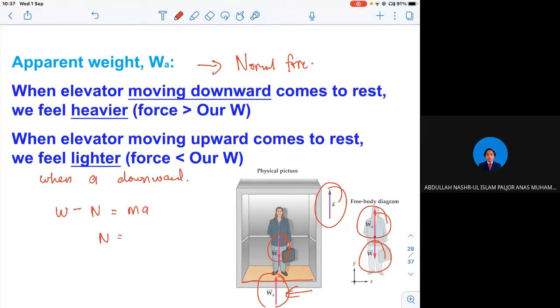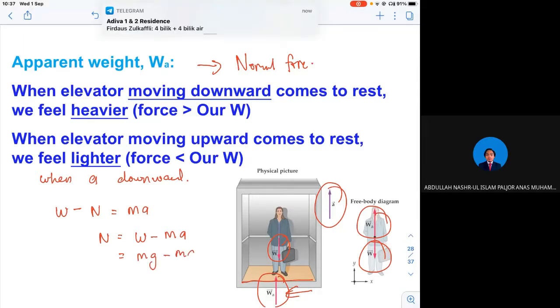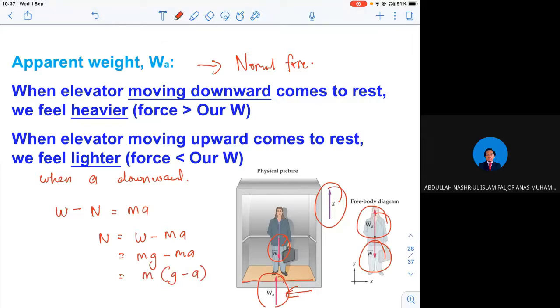N is equivalent to W minus MA. N equals mg minus MA. N equals m(G minus A). Now you can see both conditions, when the acceleration is upward and when it is downward. You can see here the normal force, or the apparent weight, changing due to the situation.